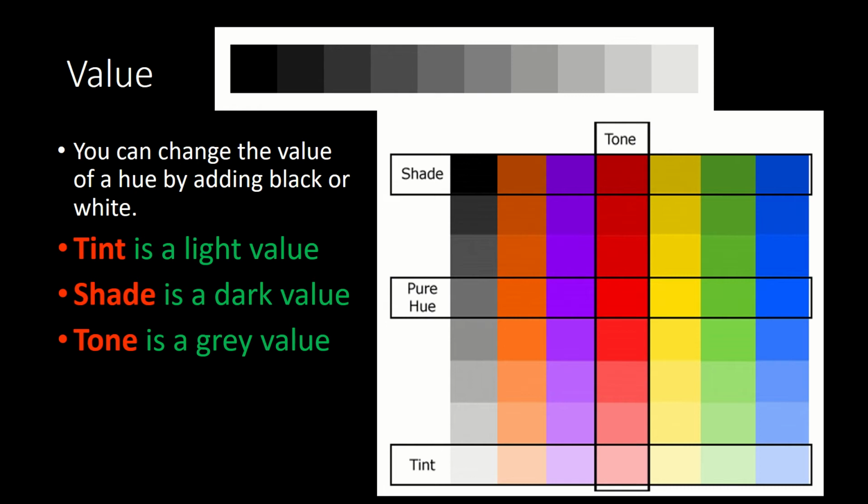So for example, pink is a tint of red, but maroon is a shade of red. So is hunter green, it's a shade of green. But lime green is a tint of green. So is baby blue. Baby blue is a tint. So understand the difference.